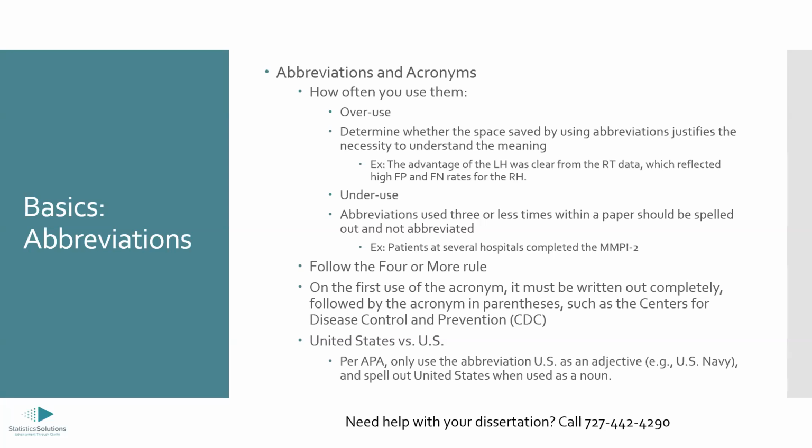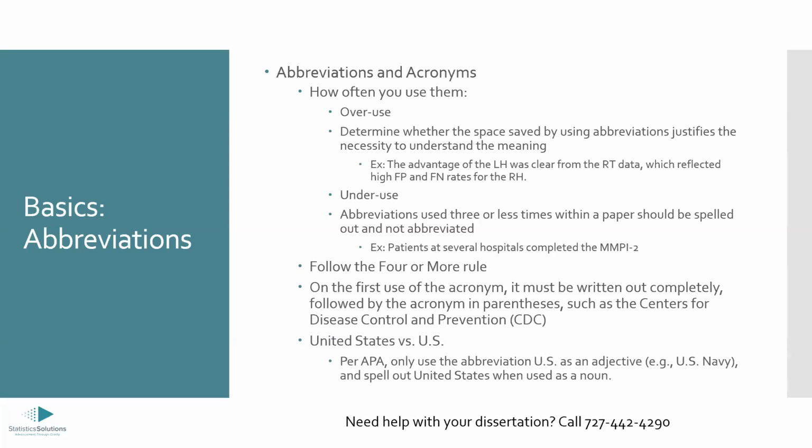And so if we're only talking about the CDC a couple times, like once or twice, every time you mention it, you're just going to say the Center for Disease Control and Prevention says this or states this. However, if your entire paper revolves around the Center for Disease Control and Prevention, and you're going to be talking about it 4 or more times, you have to write out the words first, at least 1 time.